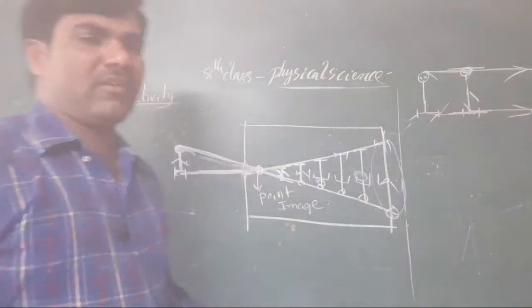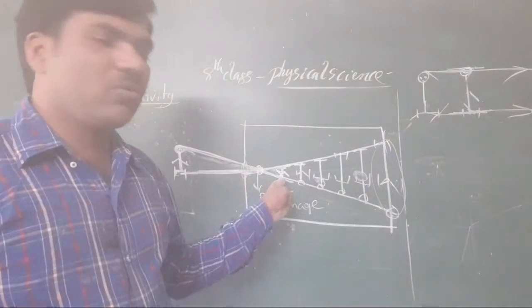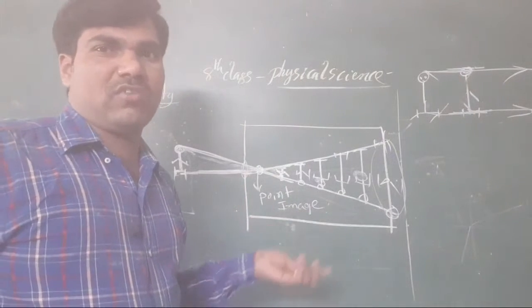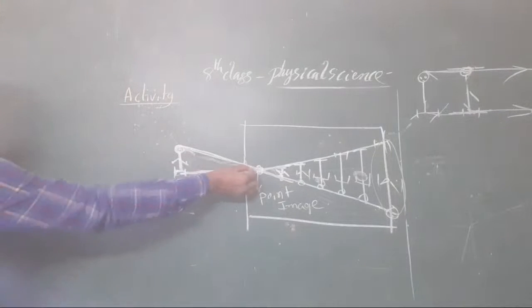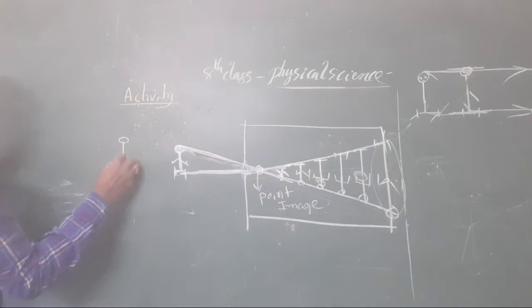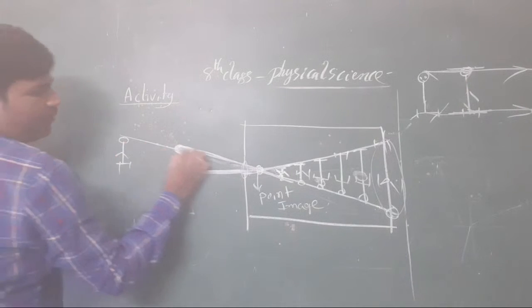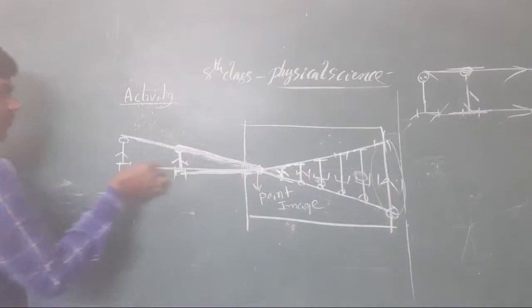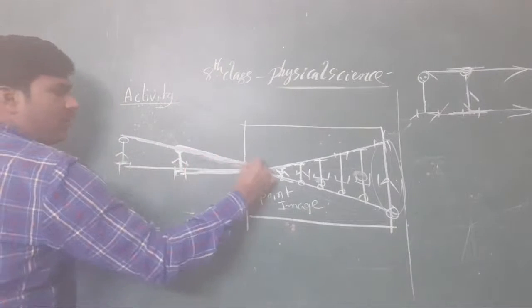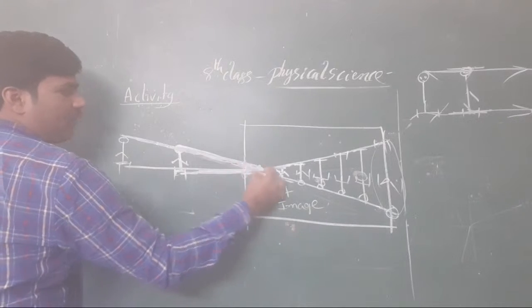In this way, you have to draw the diagrams for the various situations. Once you go away from the pinhole, suppose your object is here somewhere, what is going on? The light ray moves in this direction. Okay, clear or not, all of you? The point image is formed here.